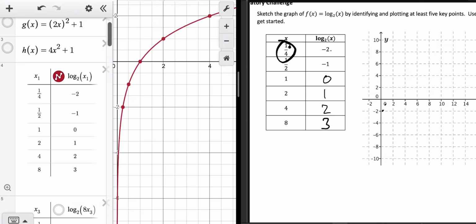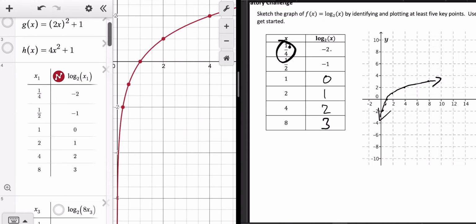Got off a little bit. That's really hard to draw. Those were not really good marks there. And then at 2, I have 1, and at 4 I have 2, and at 8 I have 3. But y'all see it over there, drawn. It's going to look something like that, though.